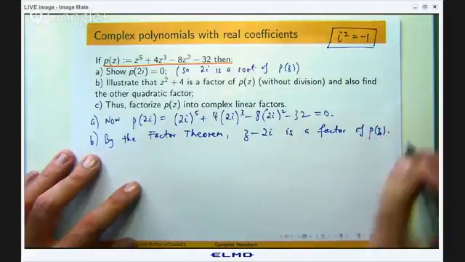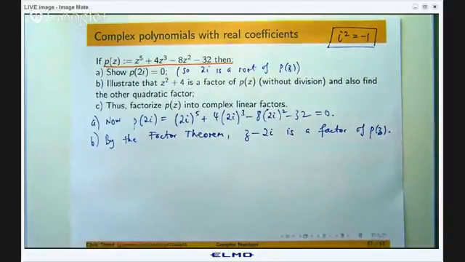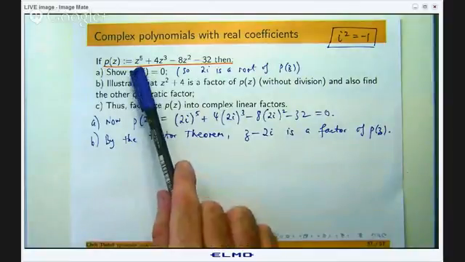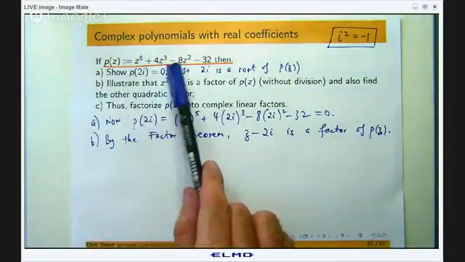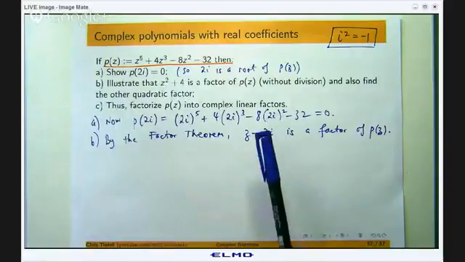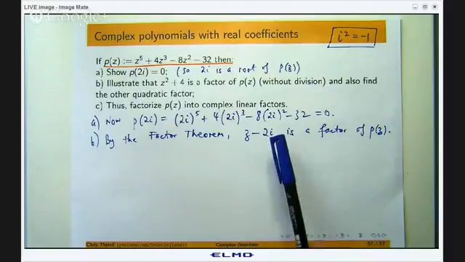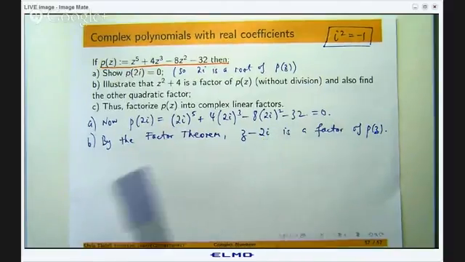of p of z. Now, because the polynomial has real coefficients, if we know one complex valued factor, the conjugate must also be a factor.